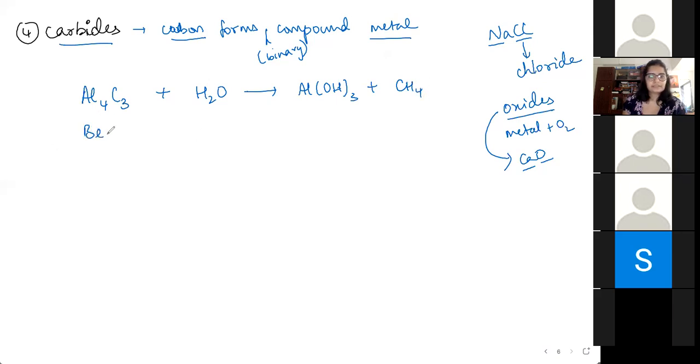Similarly, another is beryllium carbide, Be2C. And on hydrolysis, same thing, Be(OH)2 and methane. So again, the special note with this particular reaction is that it can only produce methane.